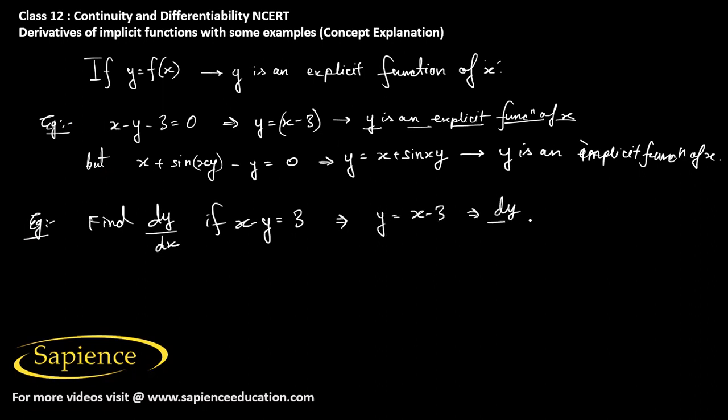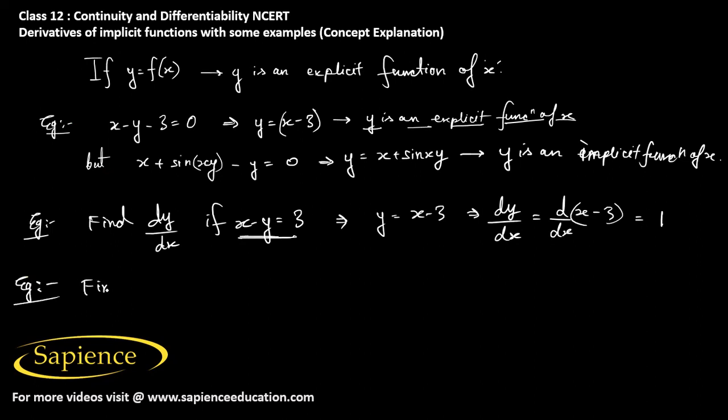Then dy by dx is d by dx of x minus 3, which is equal to 1. So here y can be written as an explicit function of x.